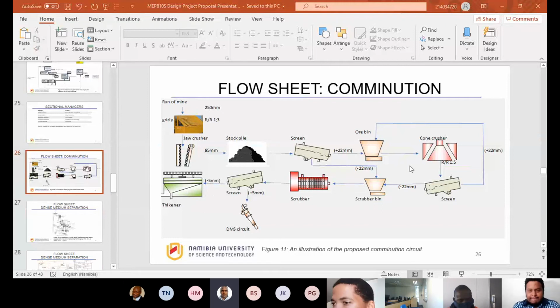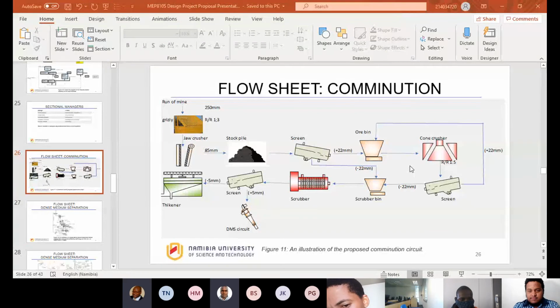Without the hydrocyclones, we don't have a DMS section at all, because it does most of the work in terms of the separation efficiency for us not to misplace our diamonds and so forth. Can I ask, are you talking about the hydrocyclone or the dense medium cyclone? Yeah, the dense medium cyclones. Okay. Yes, sir.